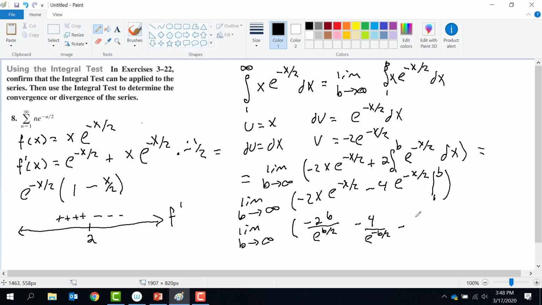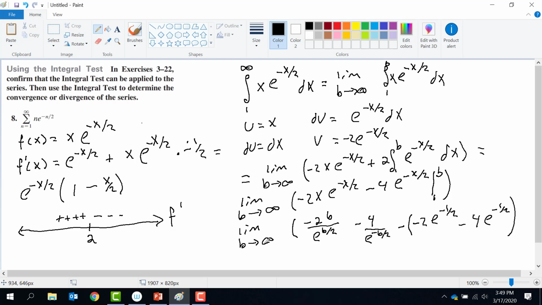And when we plug in 1, we get minus 2 e to the negative 1/2 minus 4 e to the negative 1/2.